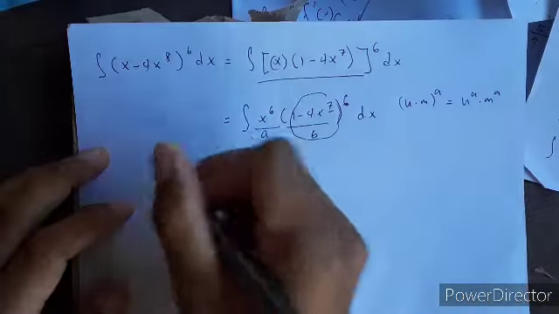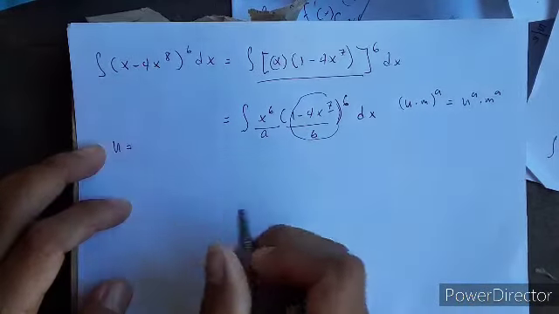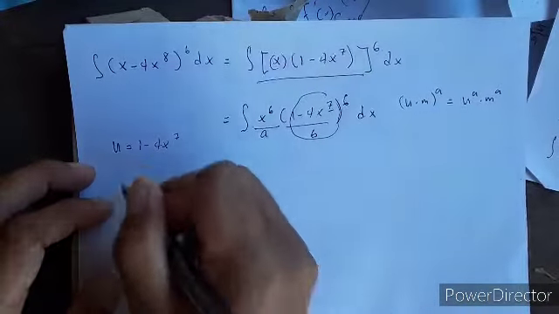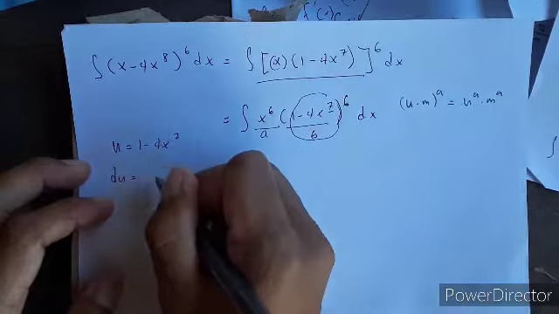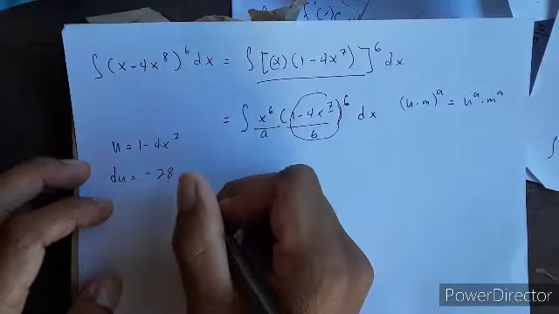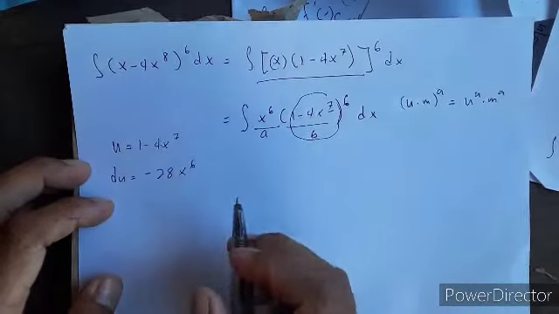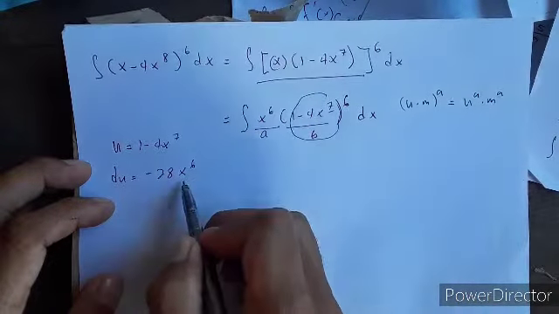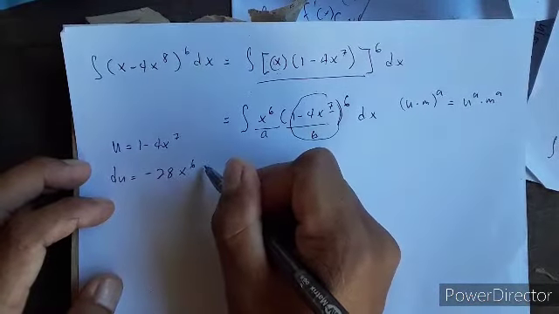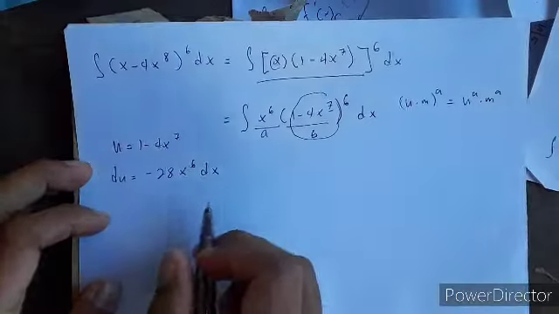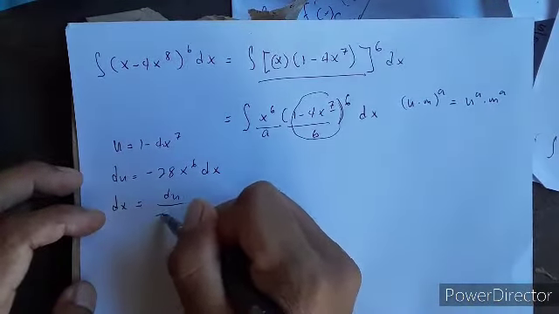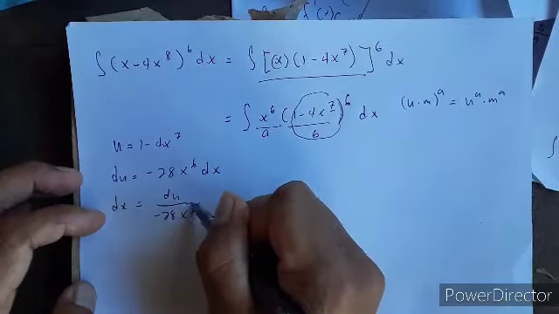So u is equal to 1 minus 4 x raised to 7, and finding du, it is equal to minus 28, since 4 times 7 is 28, x raised to 6, which is equal to a, our first function, dx. So finding the value of dx, we have du over minus 28 x raised to 6.